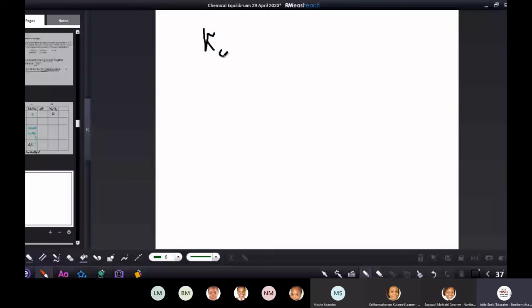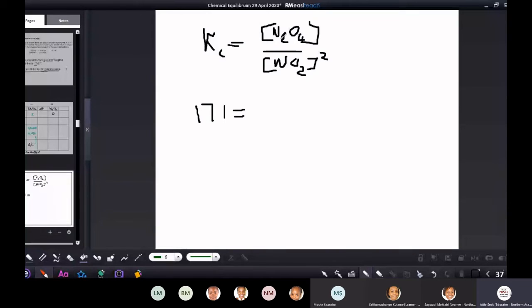So it is then N2O4 over NO2 squared. The Kc is 171. So we can work out the concentration of N2O4 actually. Why do I say that?